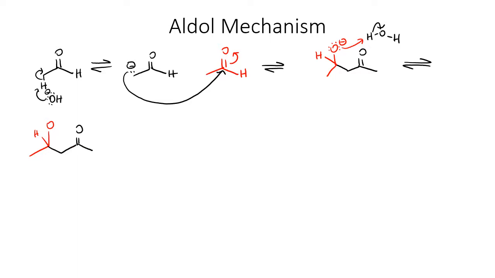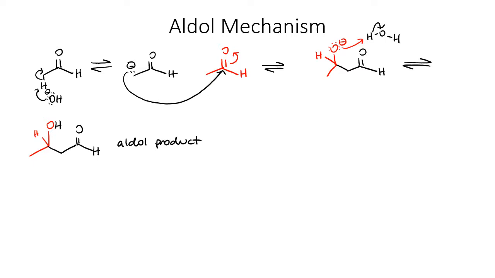Okay, so at this point, we have formed our aldol product. Now, in the presence of no heat, the aldol product will be the last step of this mechanism. On the next slide, we'll go ahead and take a look at how heat can cause the dehydration of the aldol product to create the aldol condensation product.